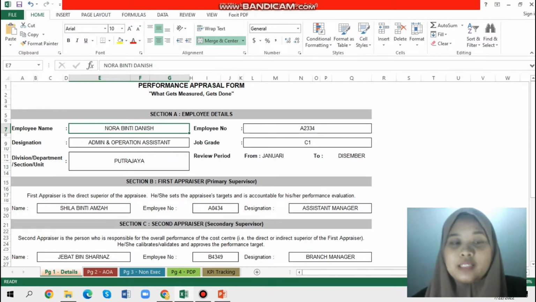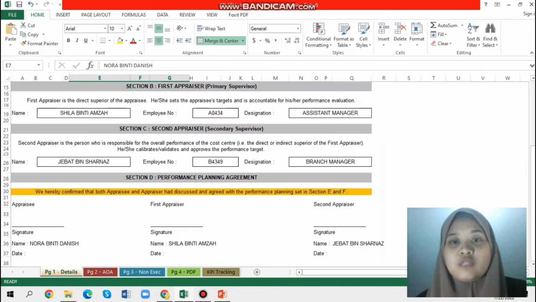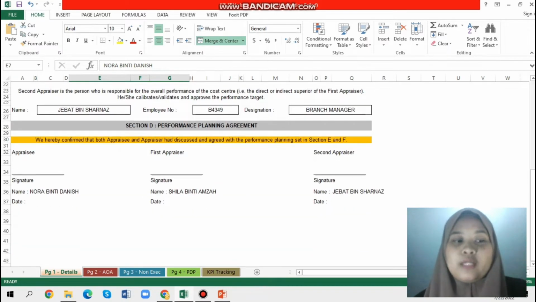As we can see at the top of this appraisal form, we have basic employee information such as name, job grade, position, department, and employee number. At the bottom we provide signatures for the employee, the assistant manager for the first appraisal, and the branch manager for the second appraisal.